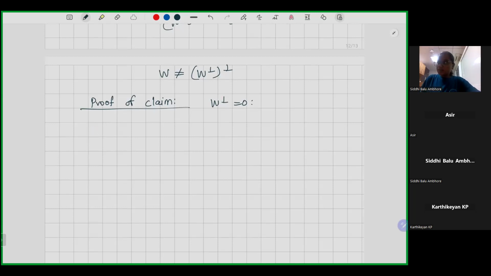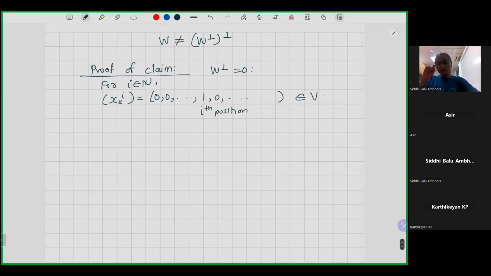since this is a sequence, note that all the elements of this form x_k^i, where the entries are 0, 0, 0, 1, 0, 0, 0, with 1 in the ith position, for i in N. This belongs to V, because the summation of x_i^k from 1 to infinity is just 1, which is less than infinity.